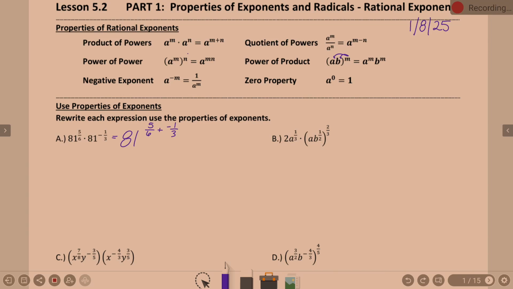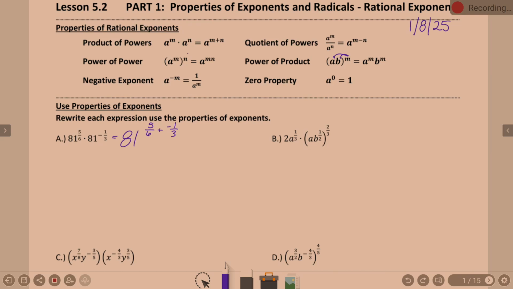Now, what's the catch about the exponents here? There's a negative, and they're fractions. They don't have a common denominator, so we're going to have to do some fraction work here. I'd say the answer to the question is 9.